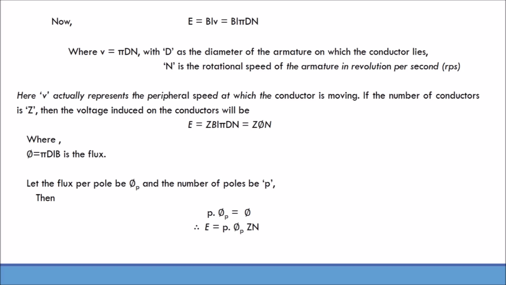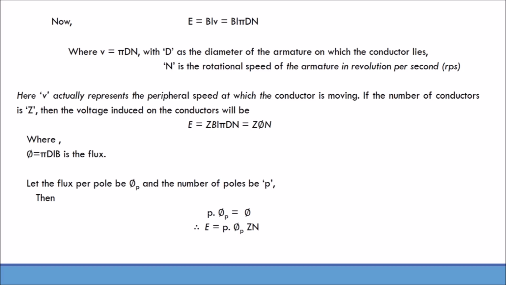If the number of conductors is Z, then the voltage induced on the conductors will be E equals Z into B into L into pi into D into N. That is Z phi N, where phi equals pi D L B is the flux.